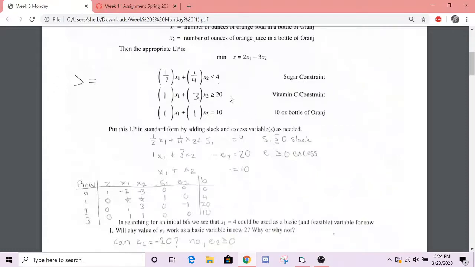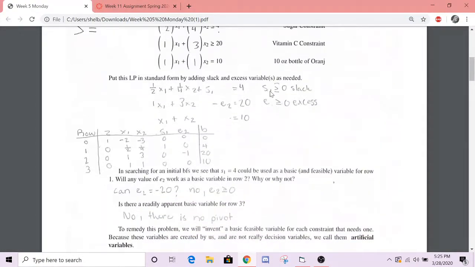Whenever we have a greater than or equal to inequality, we can subtract an excess variable and make the right hand side equal to whatever it is. And then we have our last part of the equation, x1 plus x2 is equal to 10. That's just left as is for now, for what we've been doing, basically.